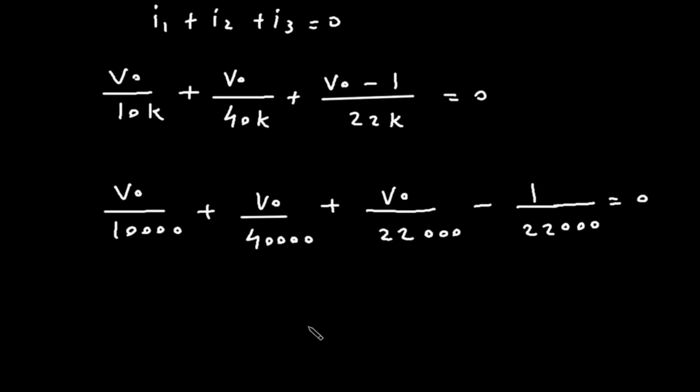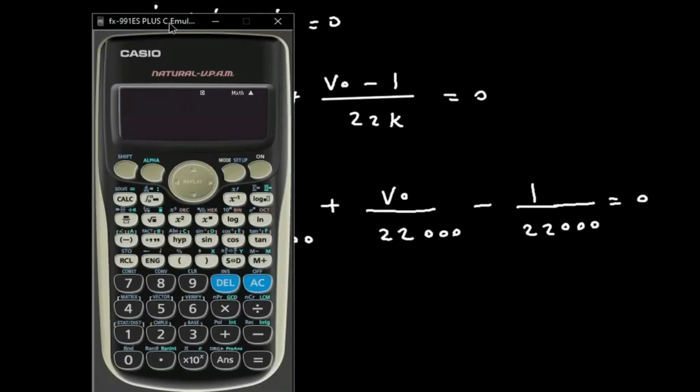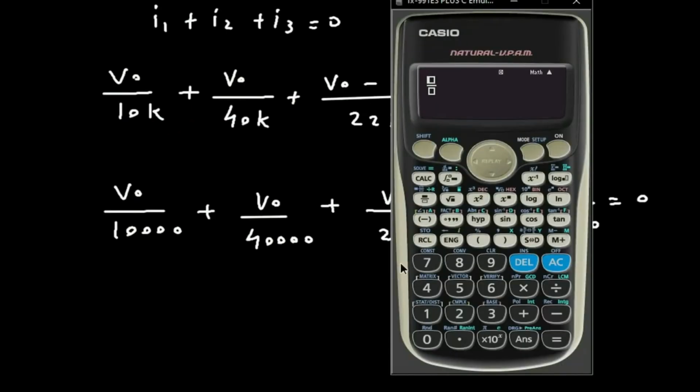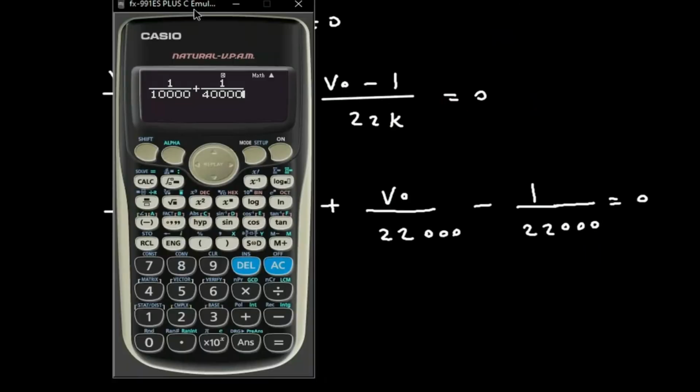So this will be 1 by 10,000, then plus 1 by 40,000 plus 1 by 22,000.